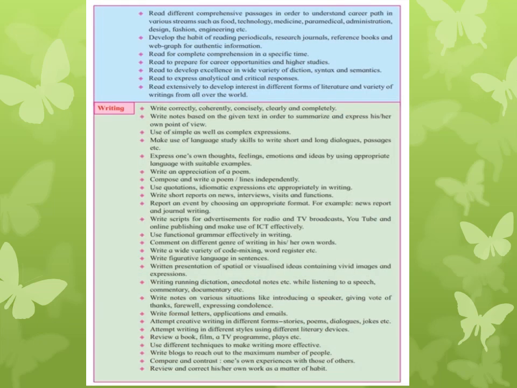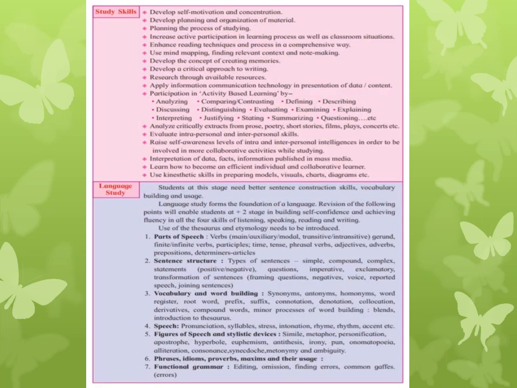Study skills and language skills will also help us to know about grammar and building self confidence. Achieving better sentence construction skills, vocabulary, and usage are the objectives of this book.